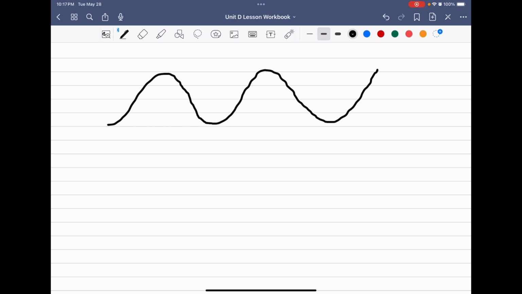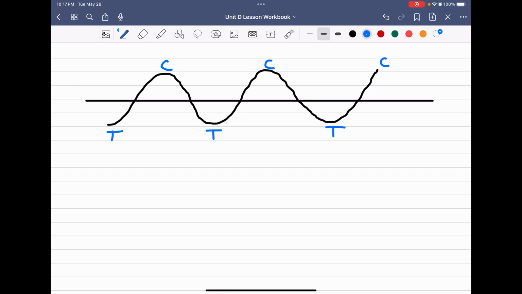Now, the other piece I'm going to draw on this is the equilibrium line, which goes directly down the middle, or separates the positive amplitude from the negative amplitude. Now, in this diagram we would label all our crests, which are those high points. So crest, crest, and then over here would be a crest. Our troughs are these low points. So we have trough, trough, and trough, which are all the low points.